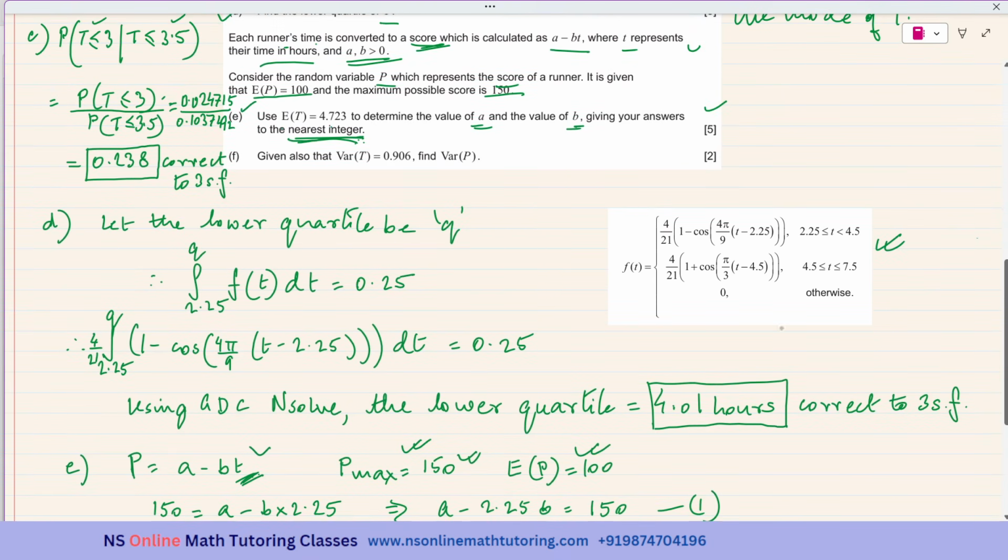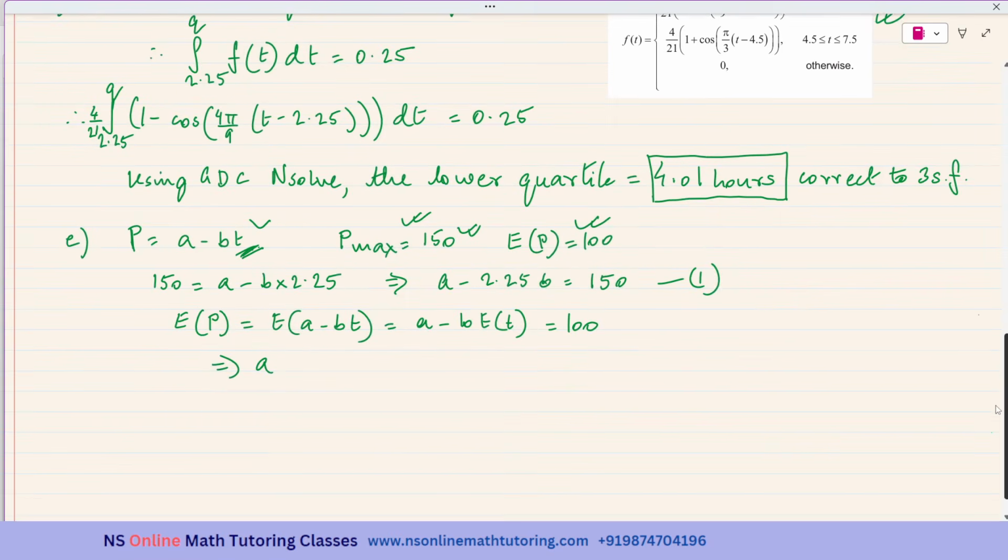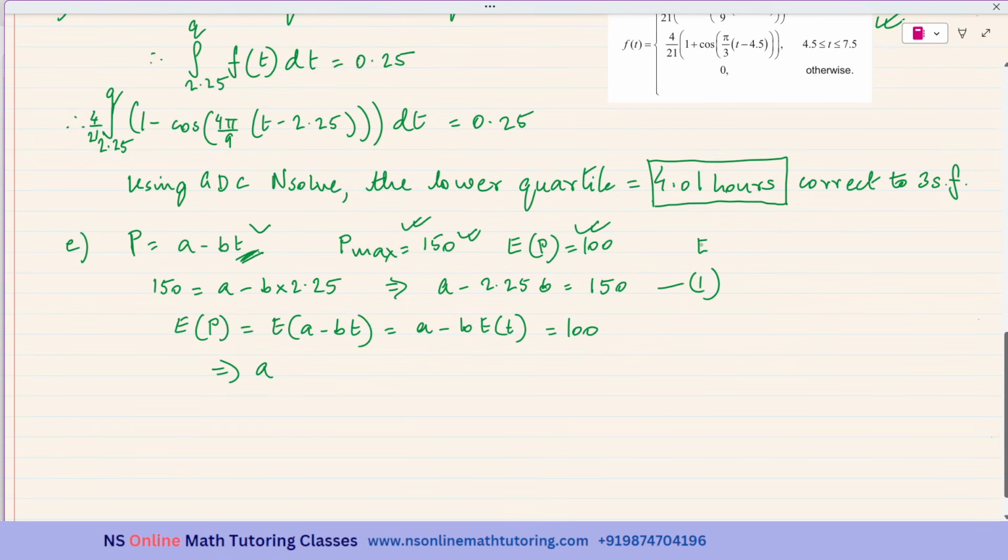E of T is equal to 4.723. So A minus 4.723B is equal to 100. This is the second equation.